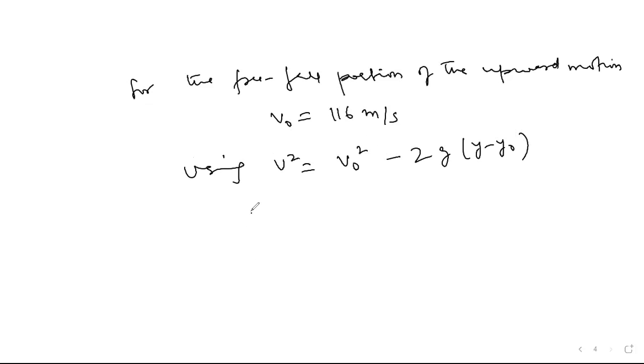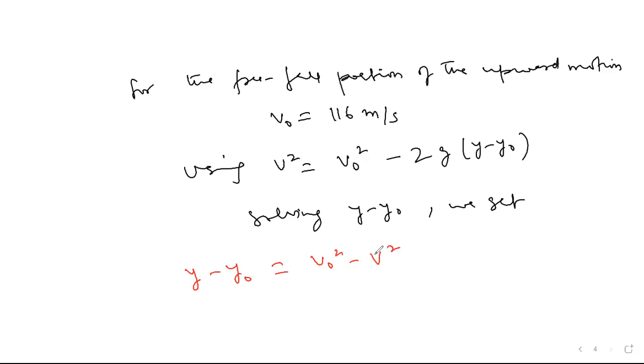Solving for y minus y naught, we get y minus y naught is equal to v naught square minus v square over 2g.